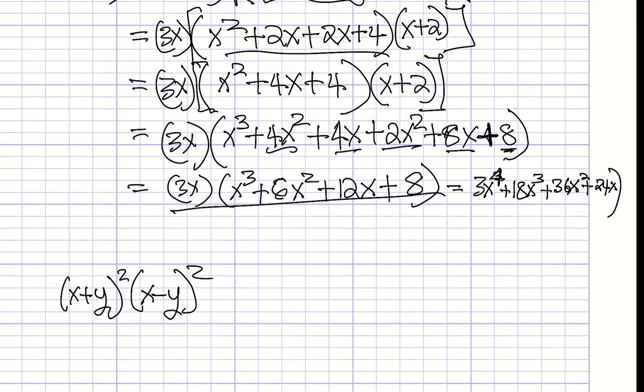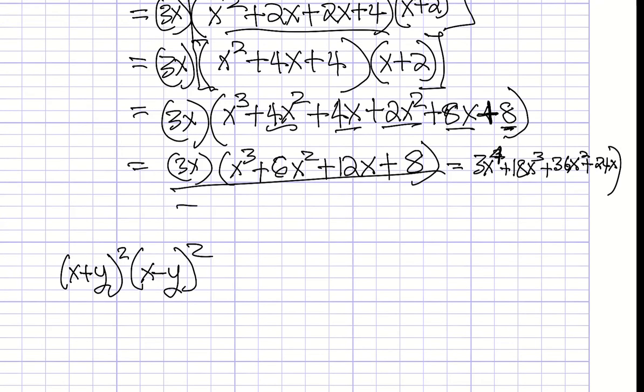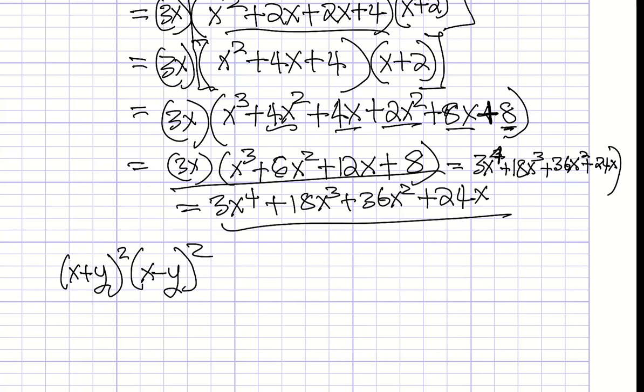So you can see that, right? So let's simplify that a little bit. There's nothing to simplify. Plus 18x raised to the power 3 plus 36x raised to the power 2 plus 24x. But anyway, that's it right there.